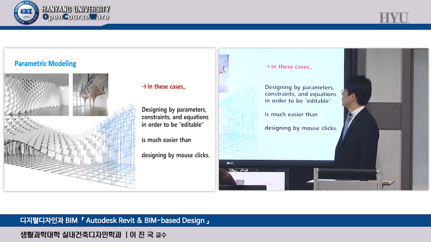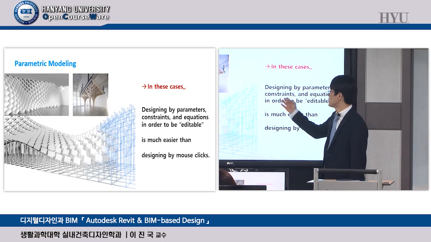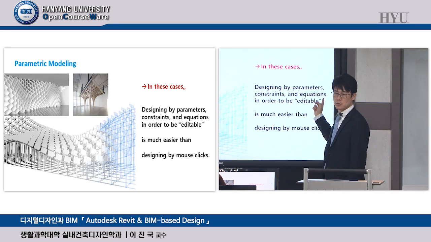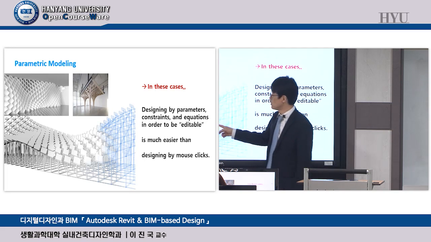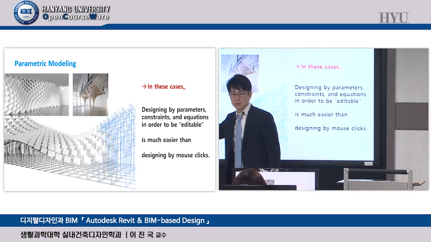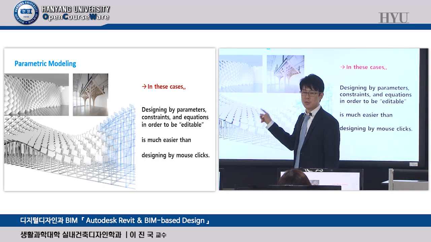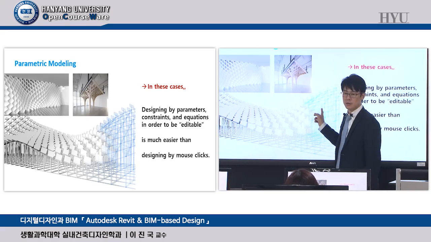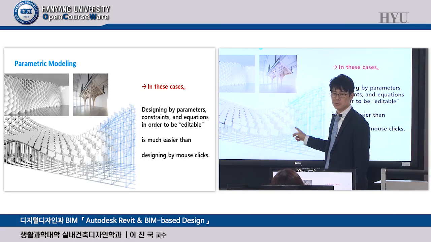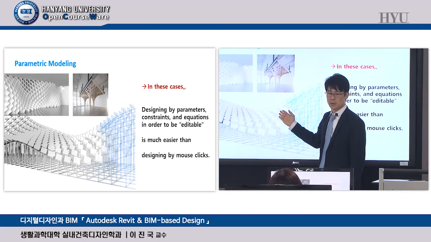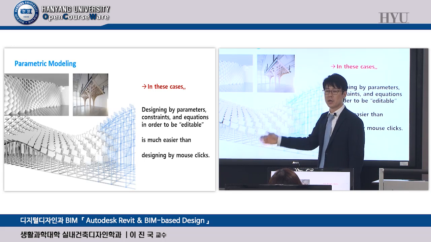So you need parameters, constraints, and equations in order to be editable, okay? If this one used a function, okay, f(x), I mean sine, cosine curve with specific parameters, then you can recreate this one again and again.